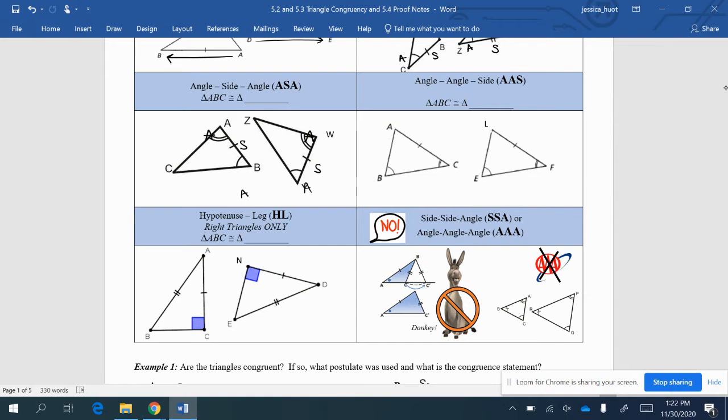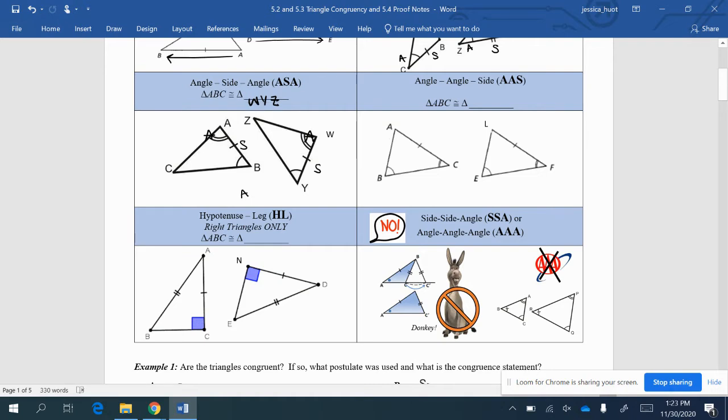ASA, ASA, so triangle ABC, I'm starting at the angle with 2 arcs, and I'm going down the side that's congruent. So starting at the angle with 2 arcs and going down the side that's congruent. So that means that triangle WYZ.